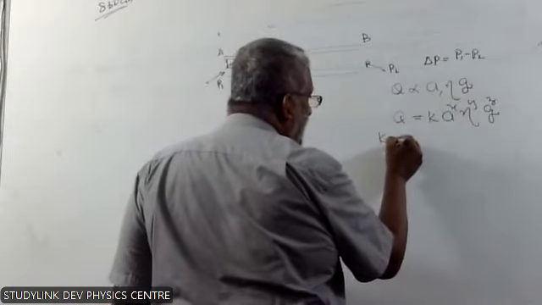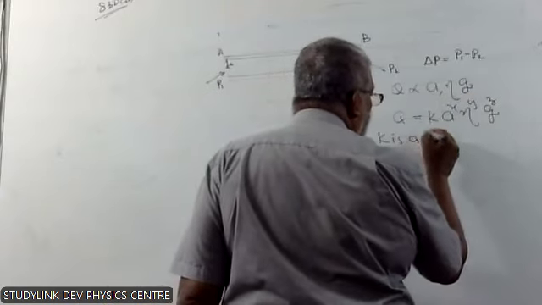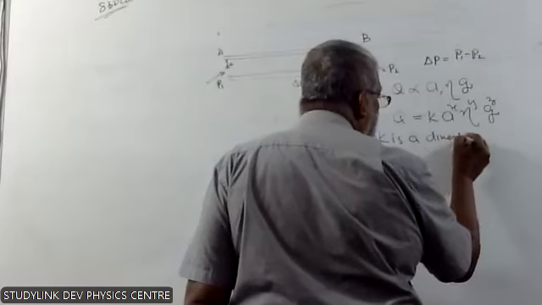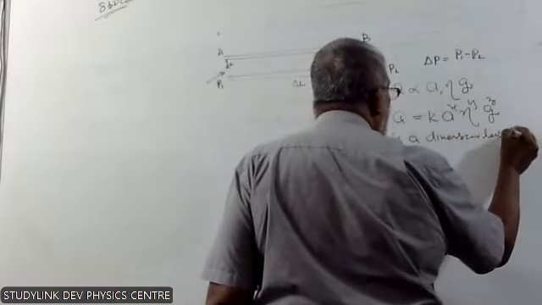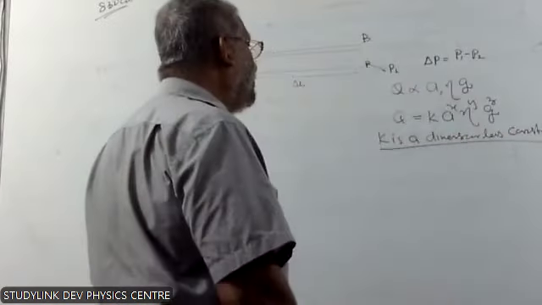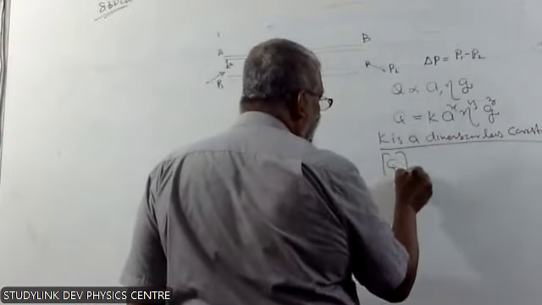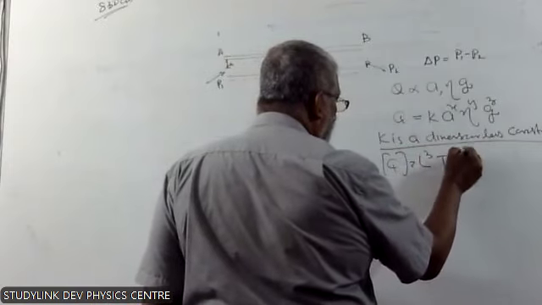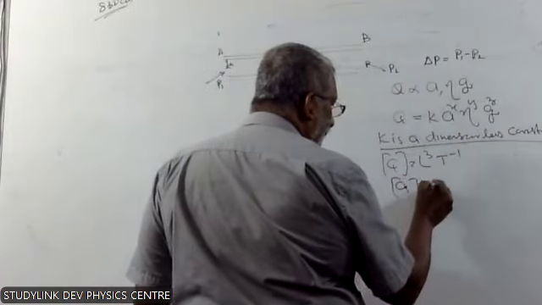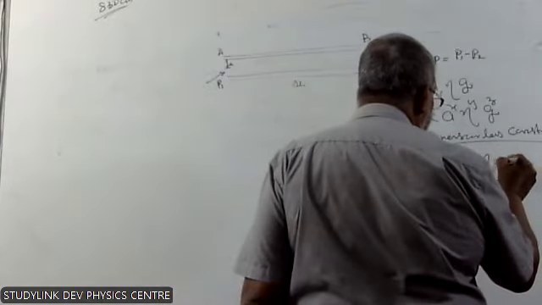Here, K is a dimensionless constant. That is a very important part to be written. Then dimensions of Q: L cube T minus 1, according to the volume. A, internal radius, L. Then eta, can you remember eta?